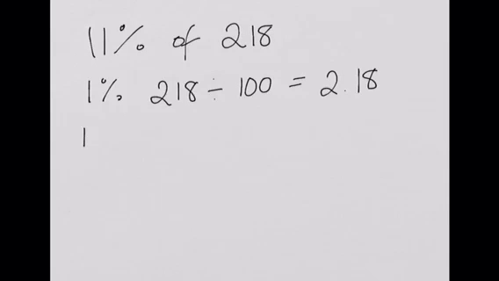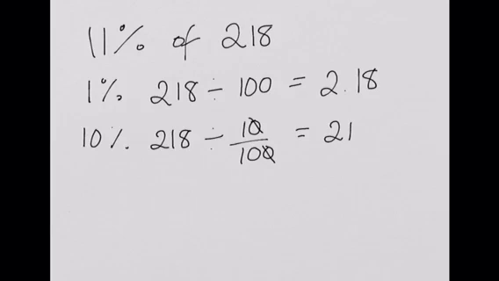And then if you find the 10%, which is 218 divided by 10 over 100, you can cancel the zeros out, so that becomes 1/10. So 1/10 of 218 is 21.8. Okay?